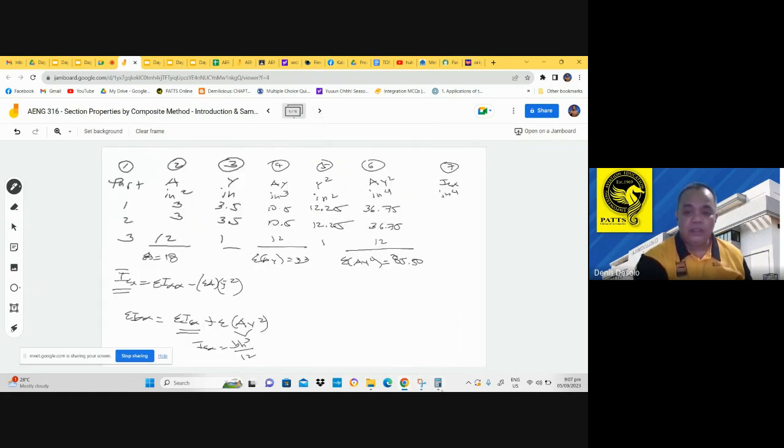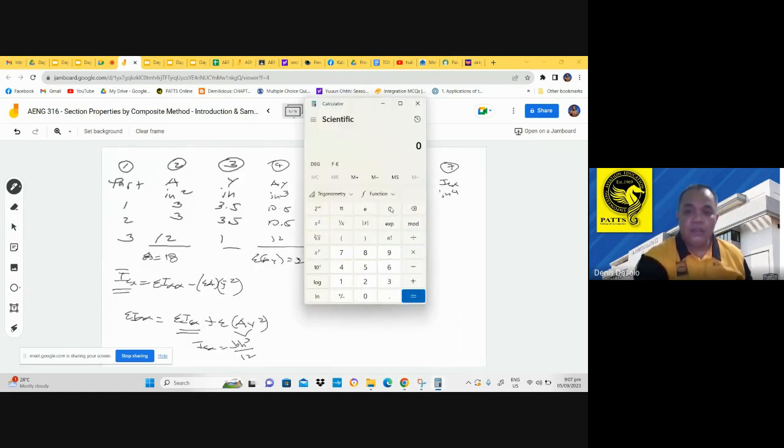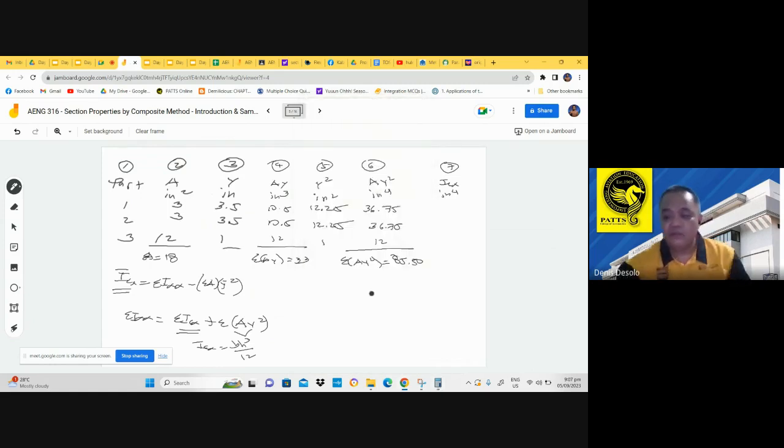So that should be 1 times 3 cubed, so 3 times multiplying 3, 3 times multiplying 3, then divided by 12, I will get 2.25. So that's the one that I'm going to write for both parts, 2.25.